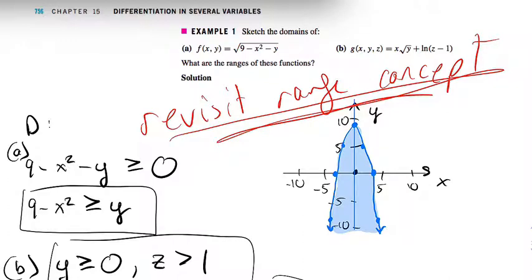Yes, we could find an x and a y to make Z 0. If we set the inside part equal to 0 and solve, for instance, when x is 3, that's 9, and 9 minus 9 is 0. So when x is 3 and y is 0, we can make the output be 0. So we can actually find a value that makes z 0.